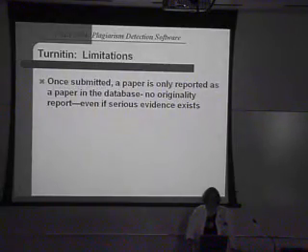There are some limitations and some issues. Once submitted, a paper is only reported as a paper in the database. In other words, when we tried to run the paper we did last year, and we got our trial Turnitin subscription this week, we found that we couldn't pull up a report of all those 40 sources that it found last year.